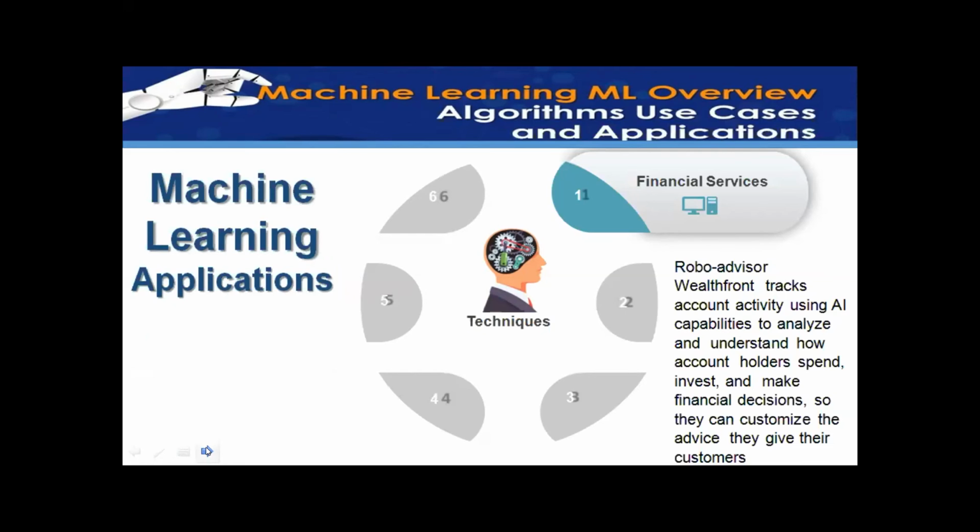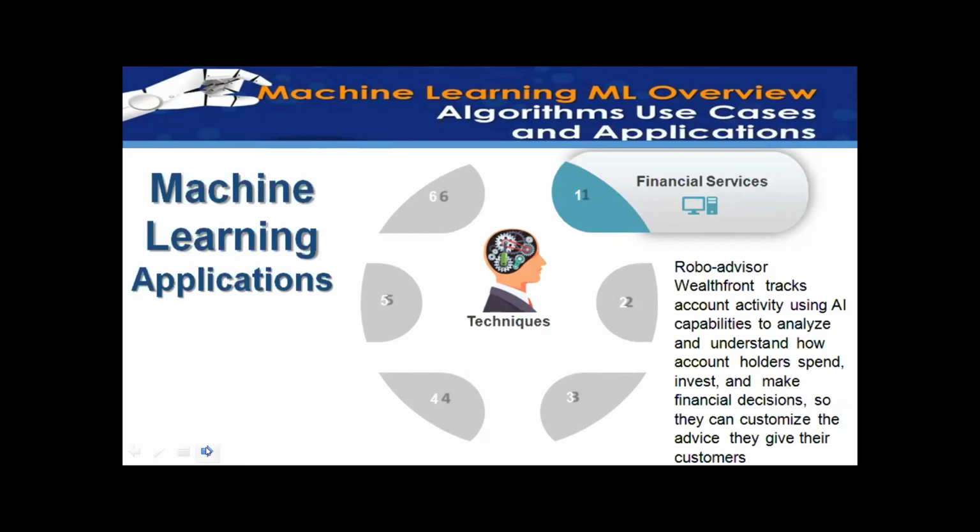For example, in financial services, we have the robo-advisor. This robo-advisor, Wealthfront, tracks account activity using AI capabilities to analyze and understand how account holders spend, invest, and make final decisions. So they can customize the advice they give to their customers. Okay. So this is how machine learning is deployed in financial services.